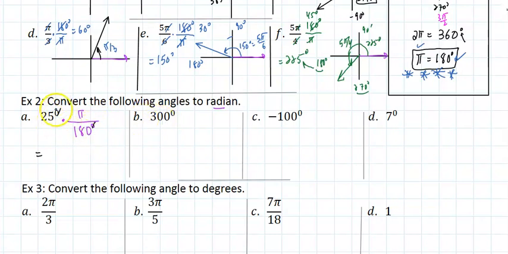If I divide this by 5, that's 5. If I divide this by 5, 5 divides 15 3 times. You have 3 left over. And 5 divides 30 6 times. That's 5 pi over 36.